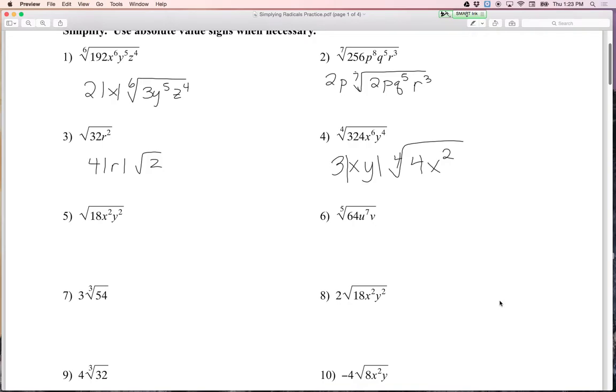All right, next one, I can do this one in my head. This one's gonna be 3xy, absolute value around the xy, square root of 2. Okay, next one. It will be 2u, fifth root of 2u squared v. Yes, no? Yeah. In agreement?